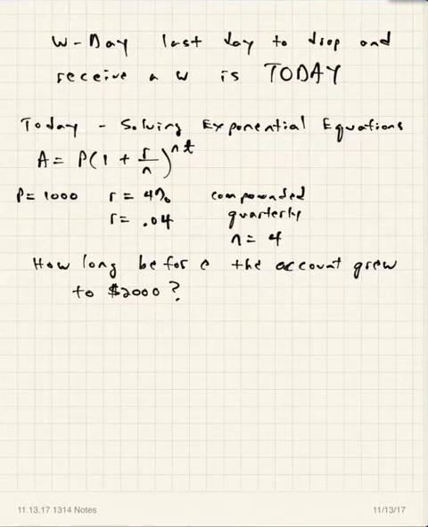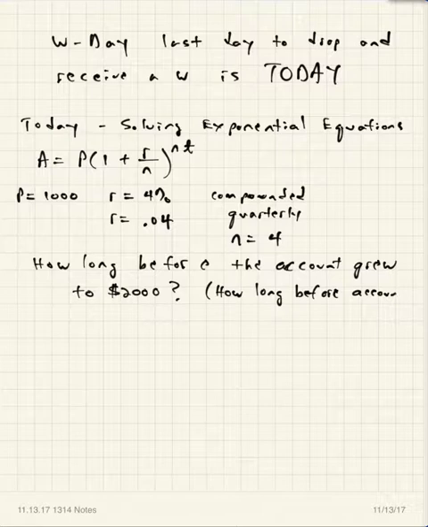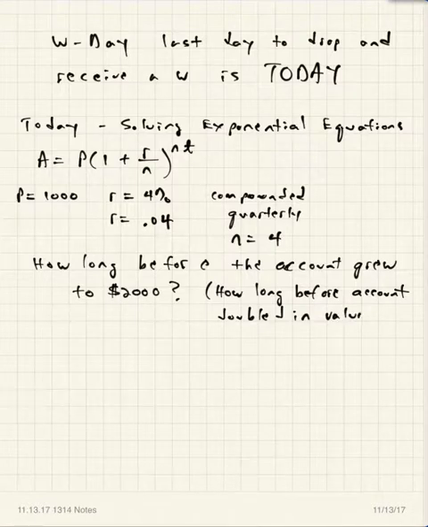That would be another way you might see it worded. How long before the account doubled in value? Now, if you think about it, the question here, how long, means that time is the unknown.